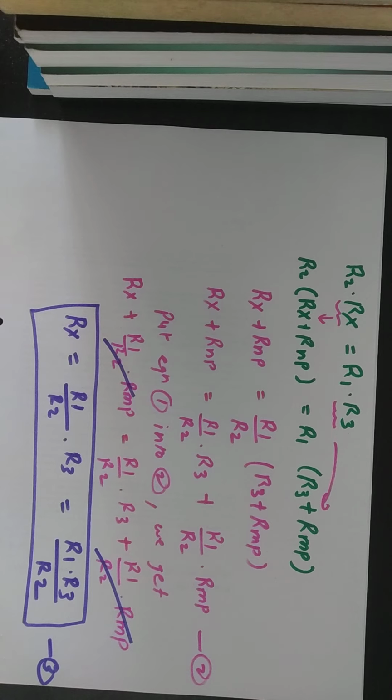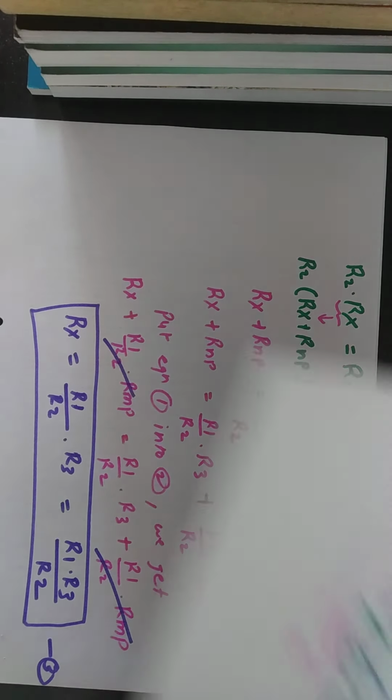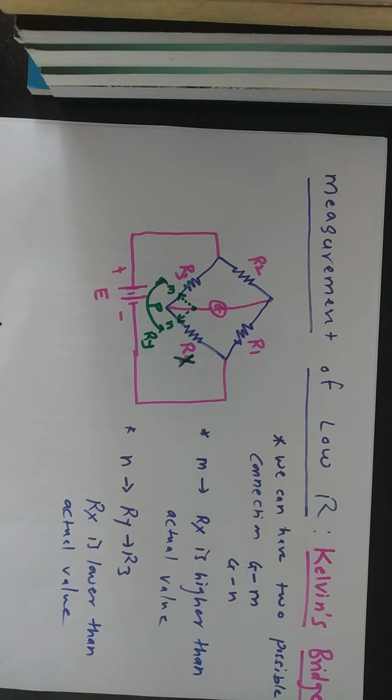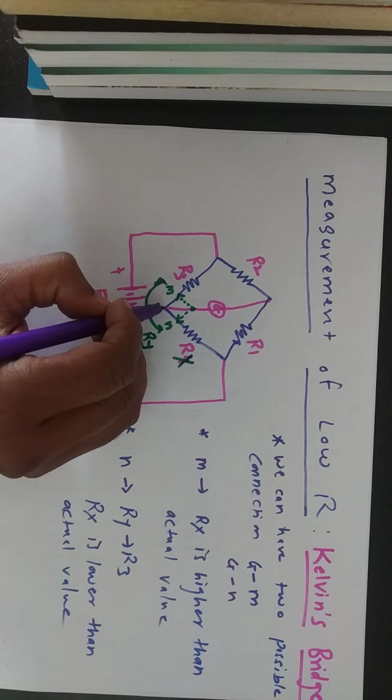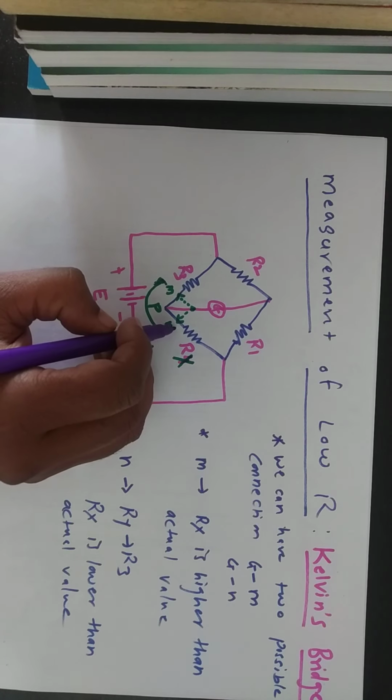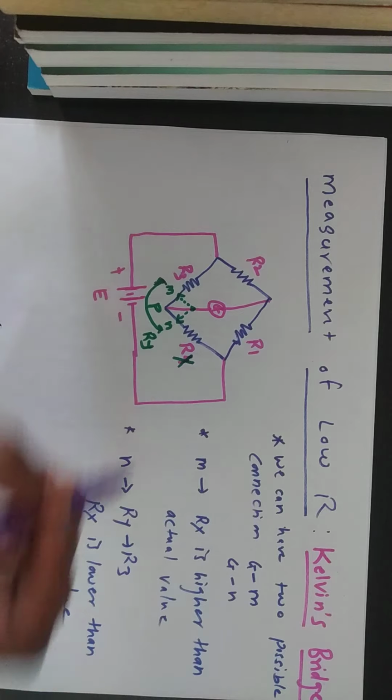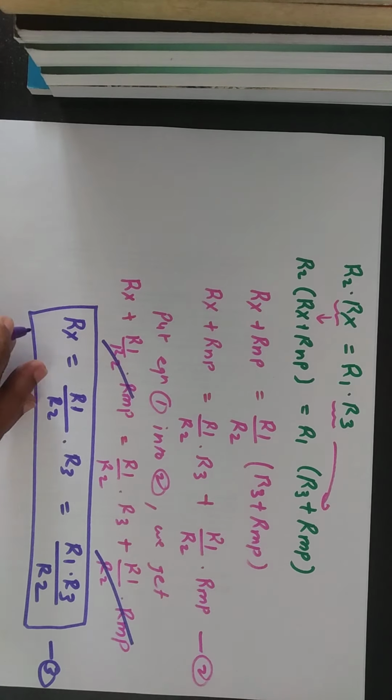So what does equation 3 suggest? It suggests the effect of connecting lead from point M to point N has been eliminated by connecting the galvanometer to position P. So if you have to measure low resistance, then you have to connect this galvanometer to point P, and if you connect this galvanometer to point P, you can eliminate the lead resistance, that is RNP and RMP, because at the end of our equation we have shown that the unknown resistance Rx is nothing but R1 into R3 divided by R2.